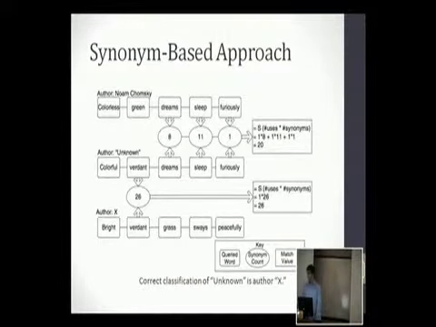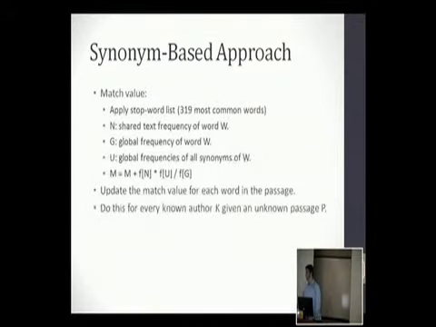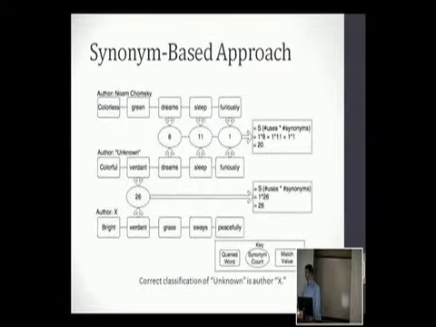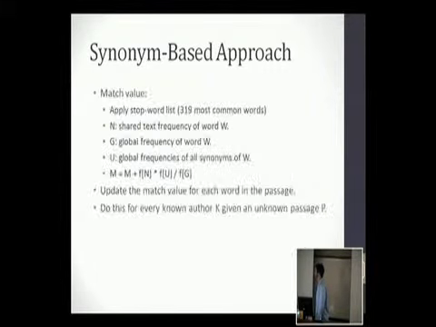Yeah. I was just curious. So you said verdant is a rarely used word. How do you determine whether? So the way you would determine that is by looking at the data set that you have. And actually, here's a breakdown of how the match value is created. You look at the shared text frequency of a word. So you look at how often a word is used by one author compared to how often it's used by the whole global set of authors. You look at the number of synonyms that WordNet presents.